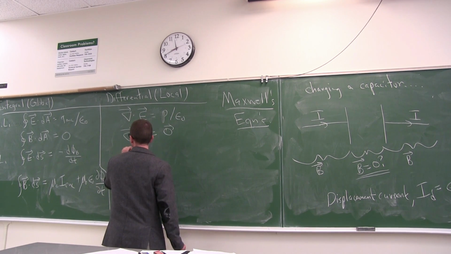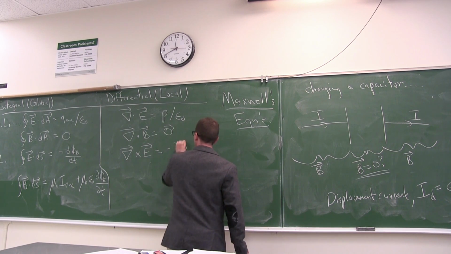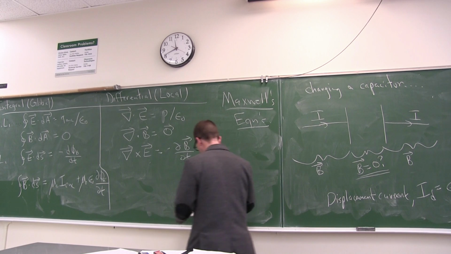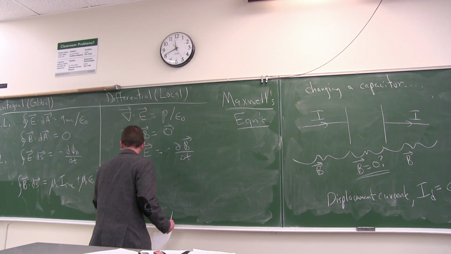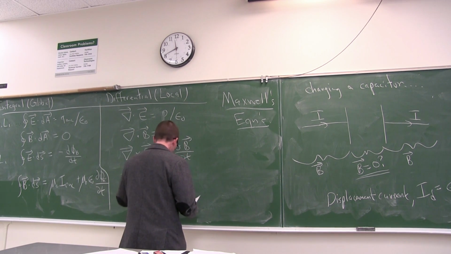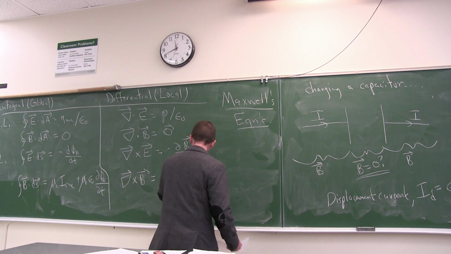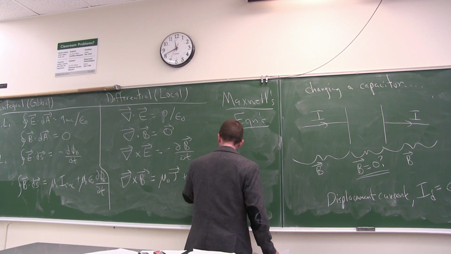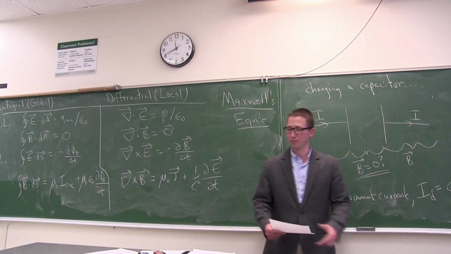And Faraday's law becomes the curl of E equals negative partial B with respect to t. And then the curl of B equals mu naught J plus 1 over c squared partial E with respect to t.